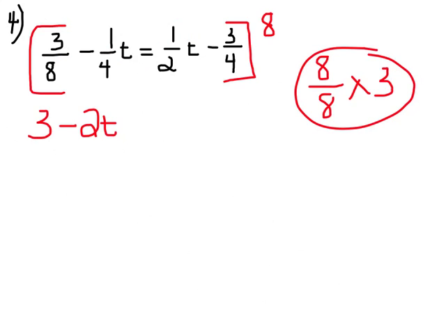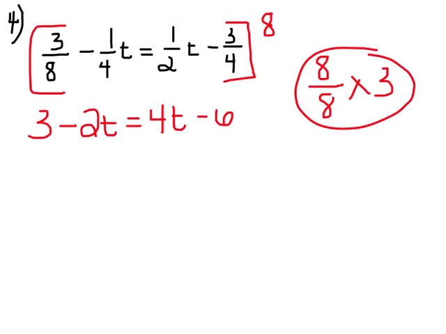So 8 divided by 2 is 4, times 1 is still 4. And then our last one, we have 8 divided by 4, then times 3. So 8 divided by 4 is 2, times 3 is 6.